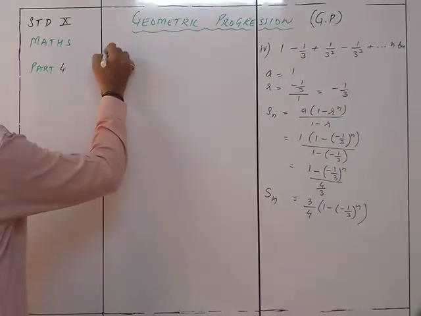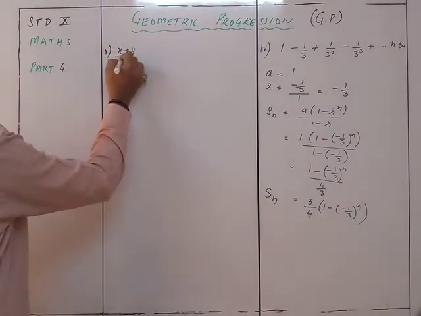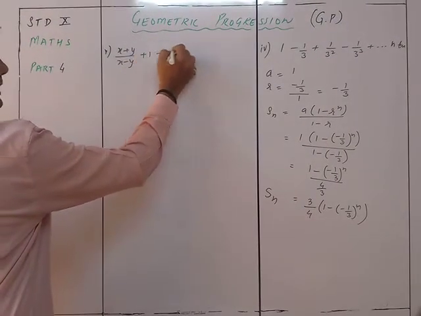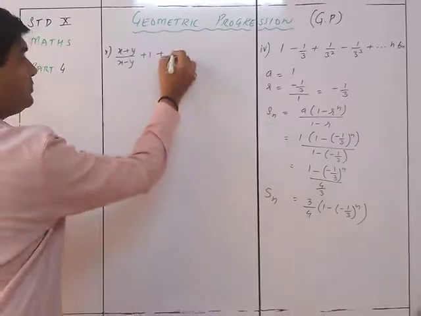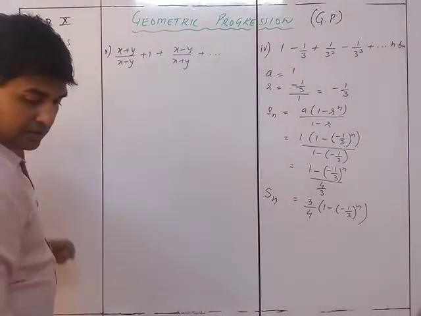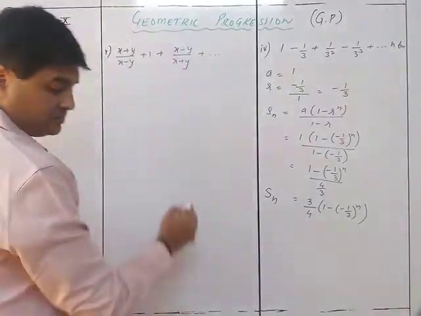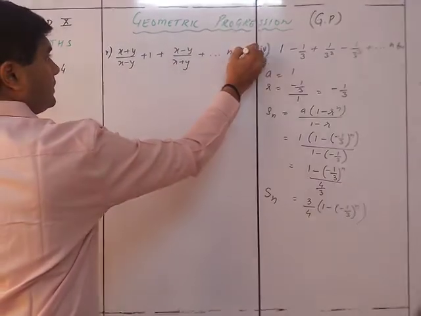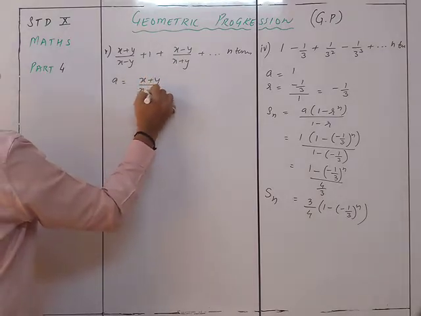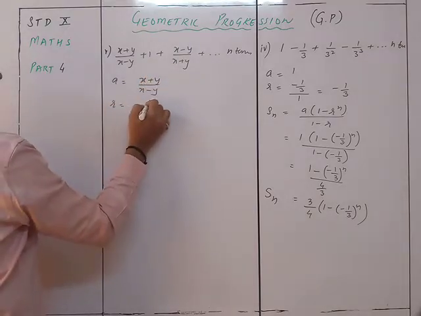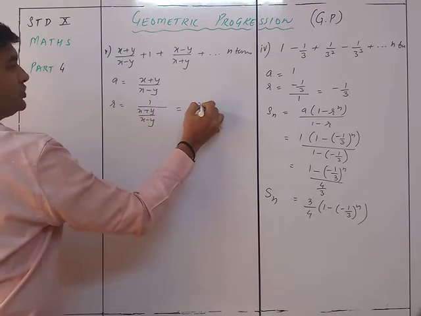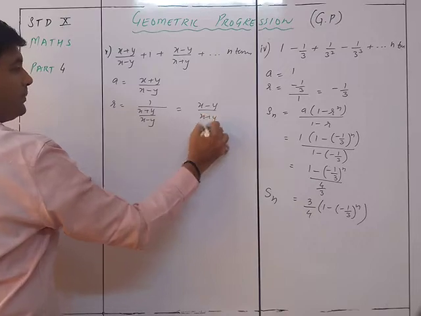Sum number 5 is x plus y upon x minus y plus 1 plus x minus y upon x plus y plus up to again n terms. So we get A is equal to x plus y upon x minus y, and R is equal to 1 upon x plus y upon x minus y, that is x minus y upon x plus y.